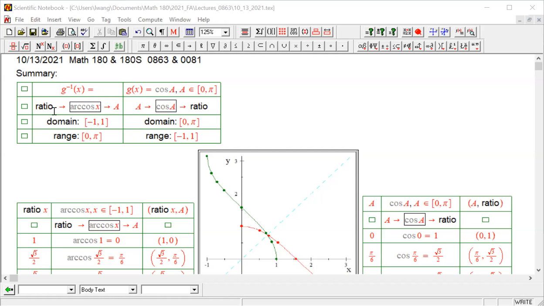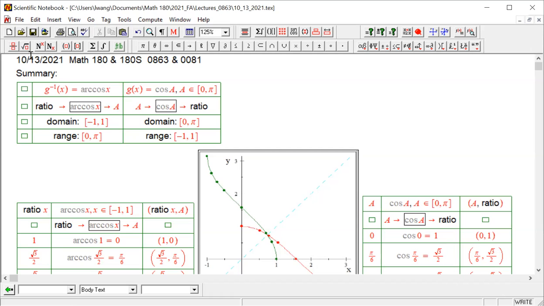So these two functions are what? Inverse to each other. So when we talk about the inverse of cosine, we refer to this truncated cosine, and its inverse, of course, is called ArcCosine. Okay, so these two are inverse to each other.